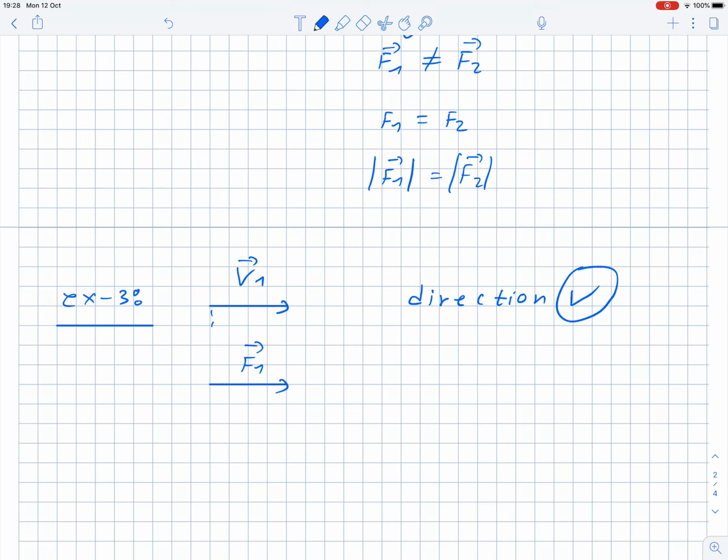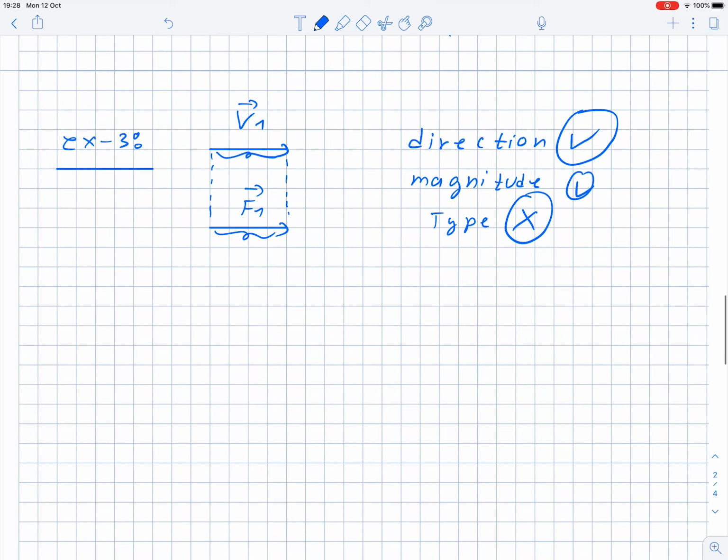The magnitude is the same because the lengths of those two vectors are the same. However, the type is different. So we cannot say that those two vectors are the same, which means they are different. v1 is not equal to f1.